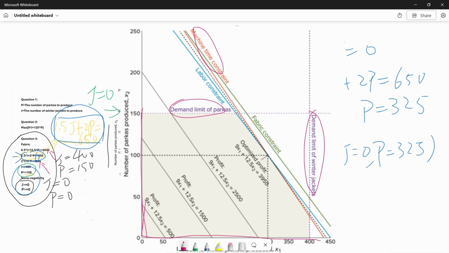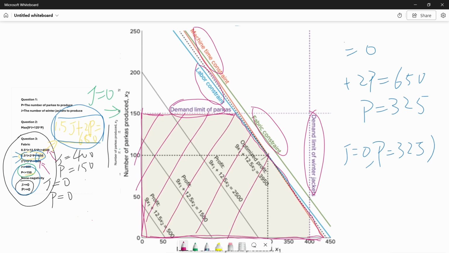Remember? So our area is a little bit wider than what we actually have here, because after we add in the labor constraint and the fabric constraint, as you notice, the actual feasible area becomes this area. Okay. So this becomes my common area. So this is the feasible area.